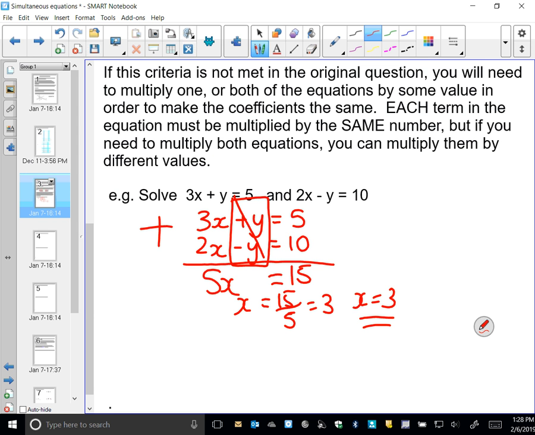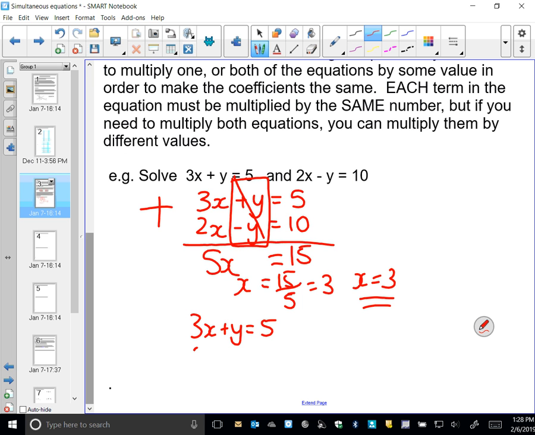Okay? So, do you want to do it in this first one or the second one? First? Okay. So I know the value of x is 3. So that means instead of writing 3x plus y, I'm going to now write 3 lots of 3 plus y. Do you want to see that? Because x was 3.